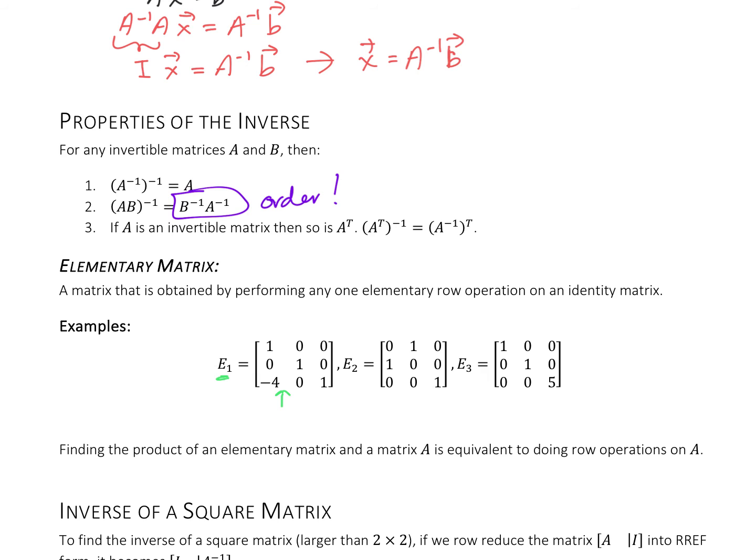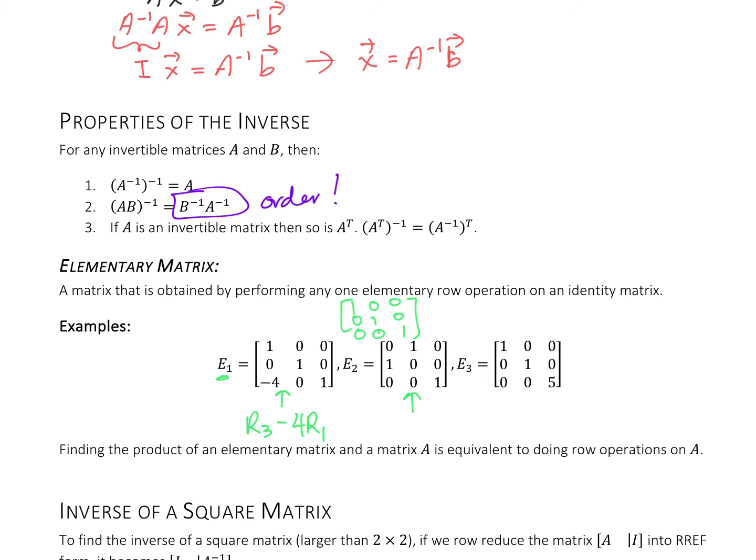We've replaced row 3 by row 3 minus 4 times row 1. So if we think about the traditional identity matrix, we take negative 4 times the top row and add it to the bottom one.